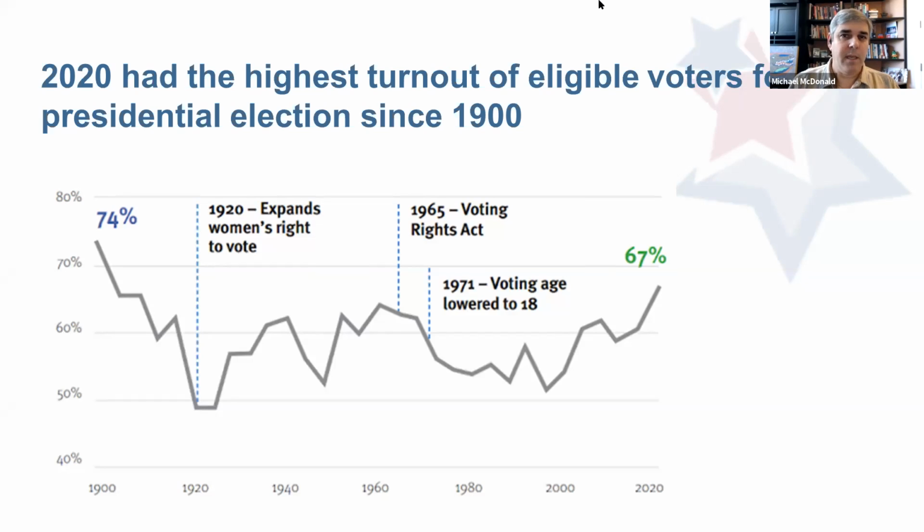And of course, we also have to thank the voters and the efforts of the nonprofit community to encourage and engage people to vote as well. So we managed to do something I think is quite remarkable, have this very high turnout election in a very, very trying time. Go on to the next slide.